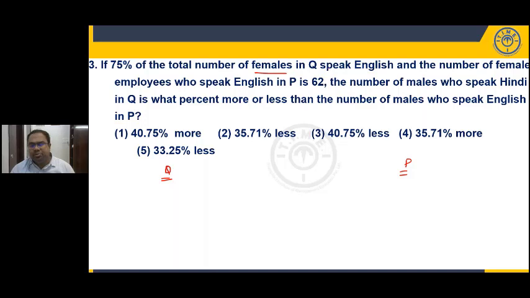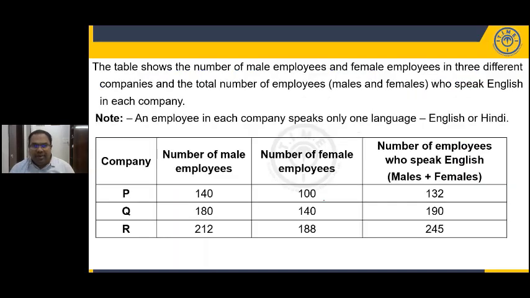75% of total females speak English. Females 140, and 75% of this speak English. 75% is 3 by 4 of 140. 4 3s are 12, 20. 35 3s are 105. Now the total who are speaking English is 190. Out of this 105 are females.